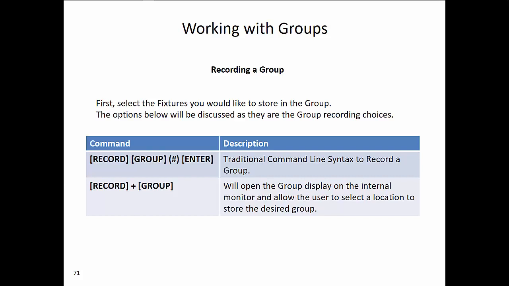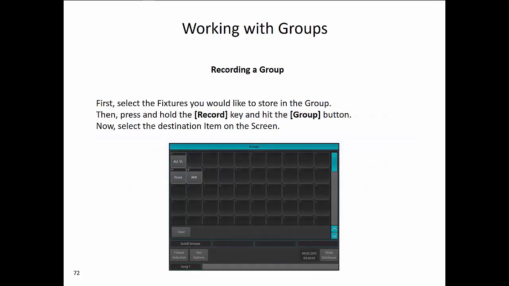For a graphical solution, you can press record and then the group key, which will open the group display on the internal monitor and allow the user to select a location to store the desired group by pressing on an Open Group button. From there, you can type in a name or take the default name, which will reference the information from Patch.